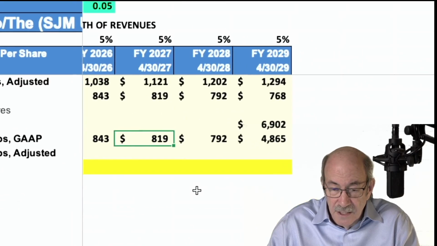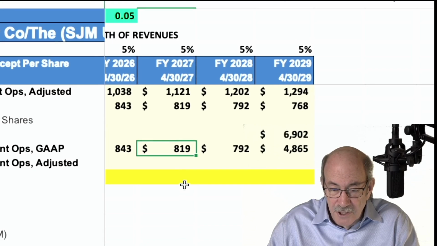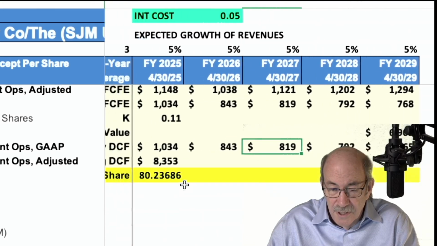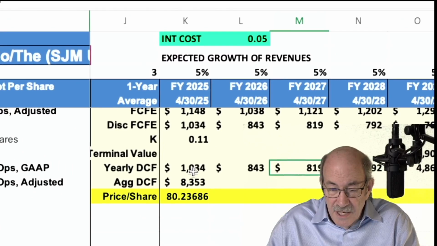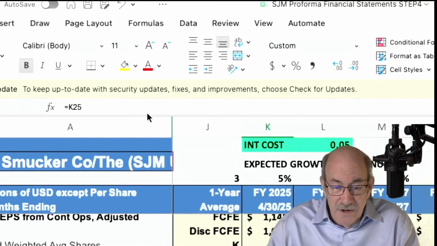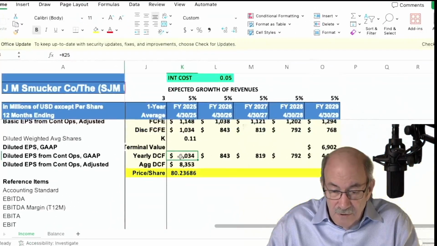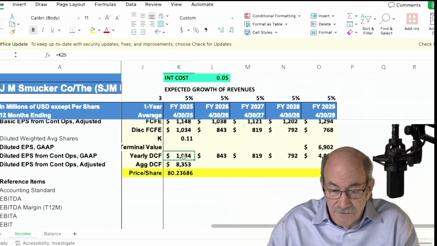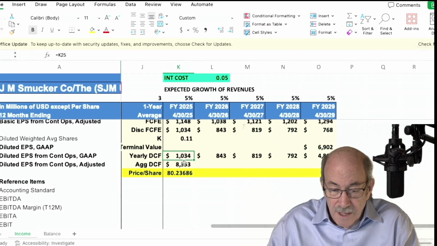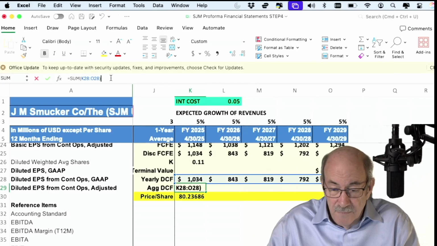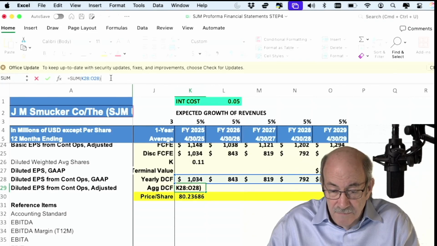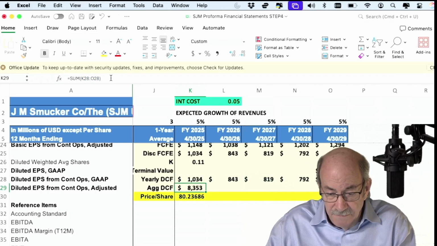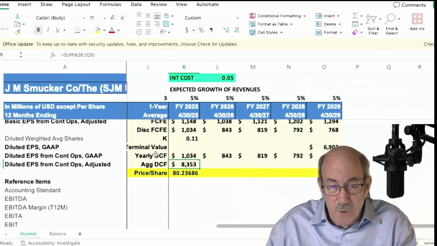And then 819 is discounted cash flow for year 3 and so forth. At the end of the day, I'm going to add all of those up. Oh, sorry, no, there's my first year cash flow. Then I add all of those guys up. So that's what this is doing. Aggregate DCF. So I have a total of $8.353 billion is my aggregate value for the firm.